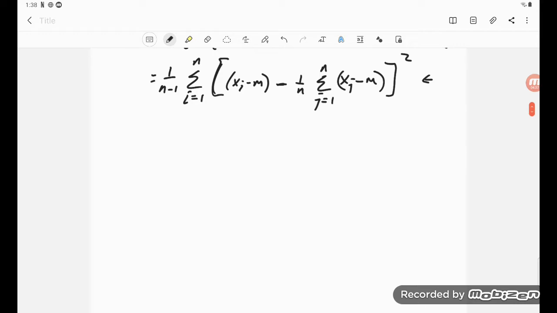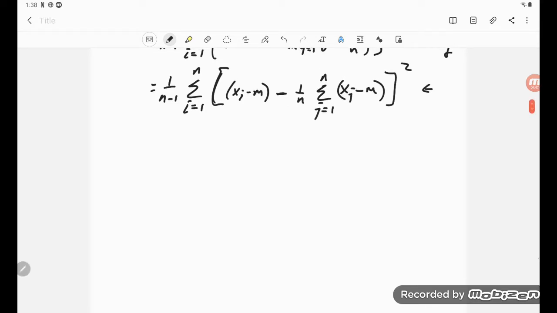what they did, I'm sure, is actually do that squaring of that whole thing. So we've got equals 1 over n minus 1 times the sum i equals 1 to n. And when we square it, we just have a binomial with this minus in here. So we'll get our xi minus m, that squared.